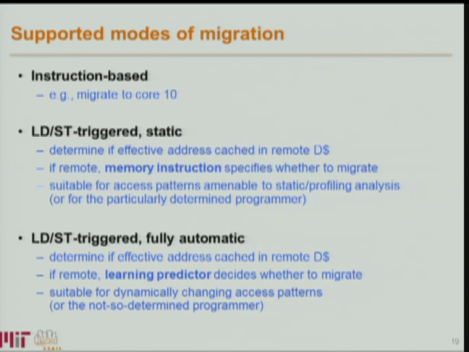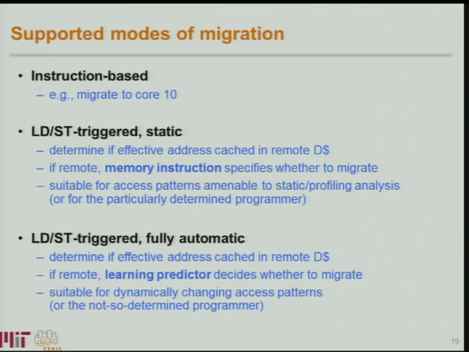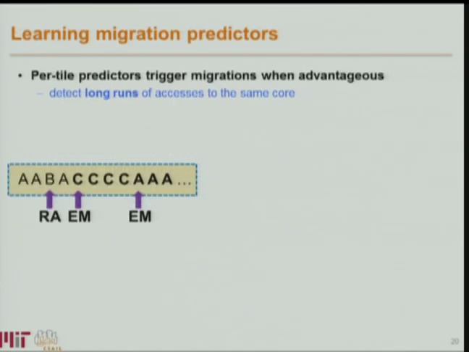Finally, the most interesting part is we have an automatic predictor that learns the data access patterns and can decide for each address whether it should result in a one-off remote round trip or a thread migration. And so this is suitable for general purpose programming, or if you're kind of lazy like me, I wouldn't really want to deal with telling the machine exactly what to do.